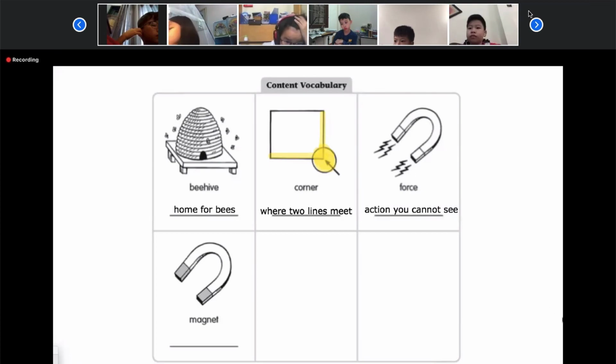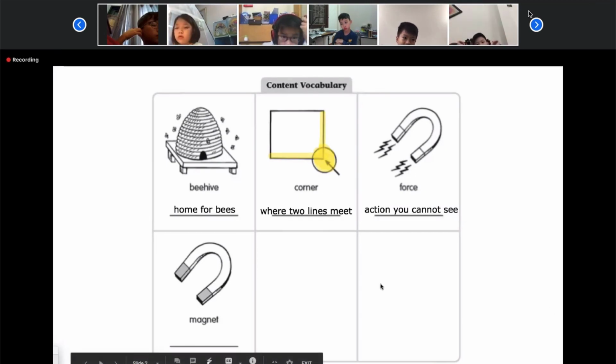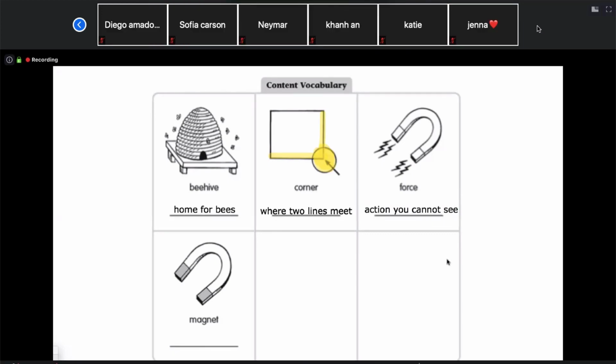What about magnet? Who knows what a magnet is? Anton, do you know what a magnet is? A magnet is a thing made with metal. A thing can pull metal.